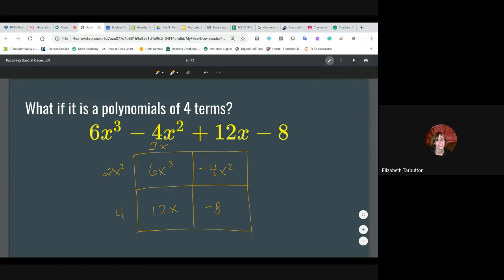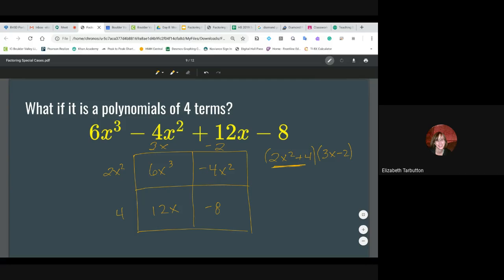And then we have our 2x, and we need to figure out what multiplies by that to make negative 4x squared, and that is negative 2, and 4 times negative 2 is negative 8. So then we can write our factors, 2x squared plus 4 and 3x minus 2.